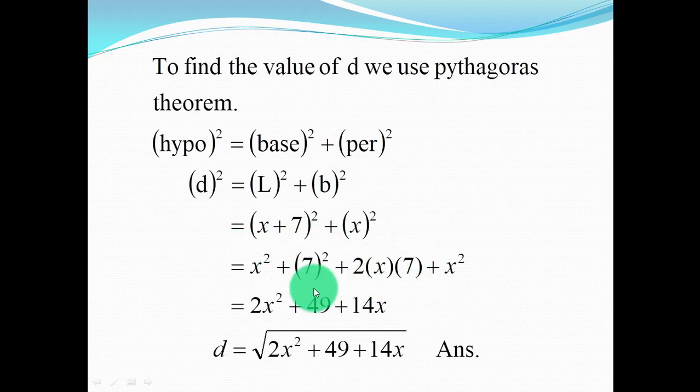This x squared and this x squared, adding them, gives 2 times x squared. And the square of 7 is 49, plus 2 multiplied by 7, which is 14, multiplied by x. So this is equal to d squared.